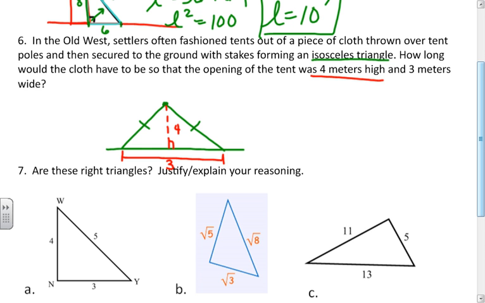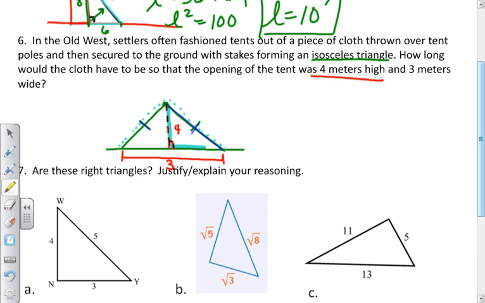So ultimately, I need to know that entire length there. But if I can find this length, I can just multiply it by 2 because it's isosceles. So I'm going to look at this triangle right there.